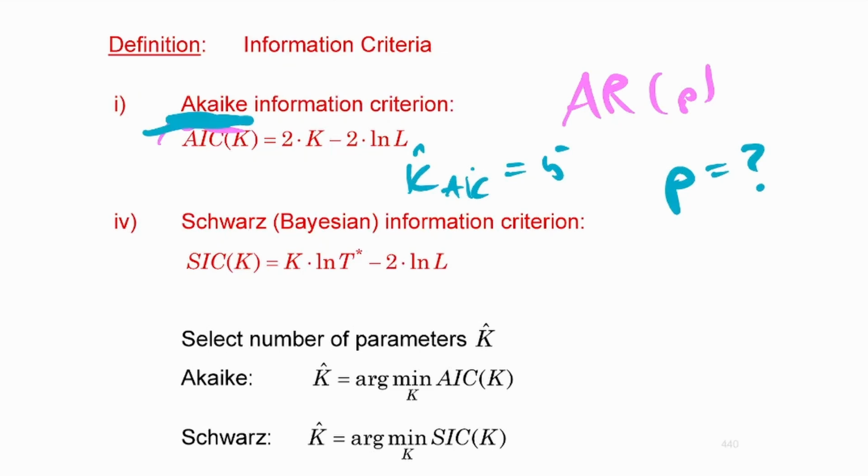And the Schwarz criterion could be telling you that it is 2. This means that you don't go beyond 5 and you don't go below 2. But what the true answer is, nobody knows.